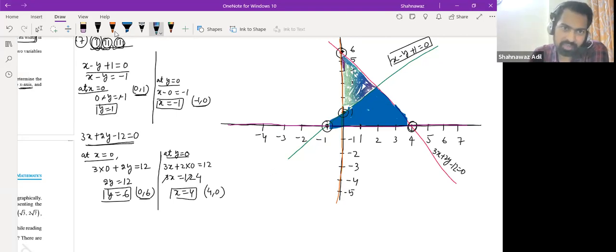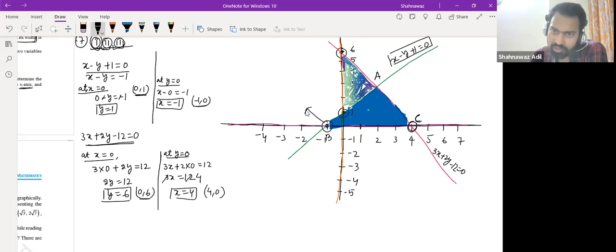Now, the second part of the question is that we have to find out the vertices of the triangle. So what is the triangle? This is A, B, and C. This is the triangle, right, which is formed. So we know what is this point?